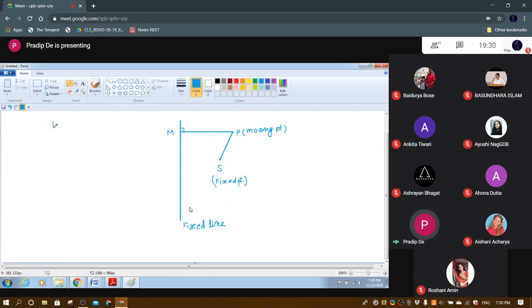So PS upon PM, this is fixed. This is constant.